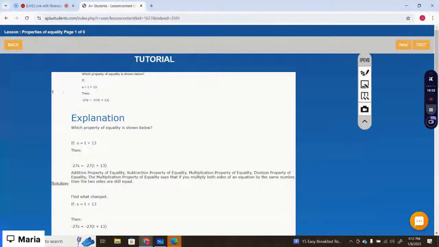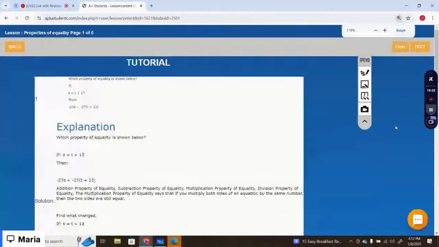Which property of equality is shown if s equals t plus 13, then negative 27s equals negative 27 times t plus 13? You have to see which property of equality it is.